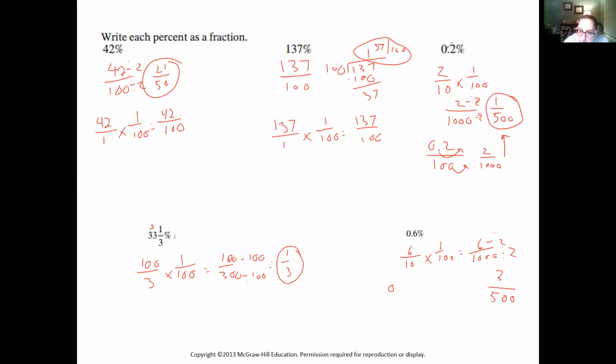Or you can go 0.6 over 100. Right. 6 over 1,000.